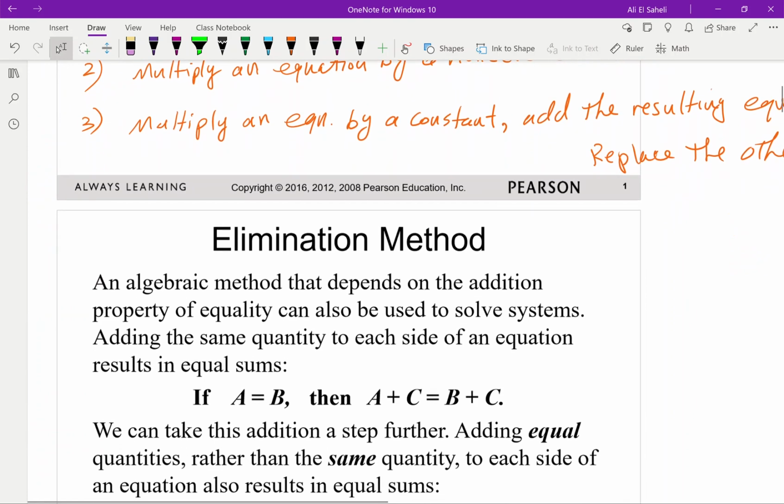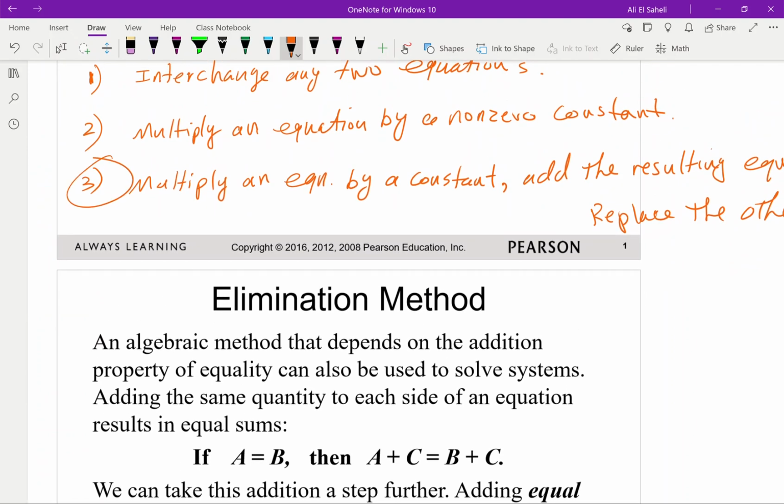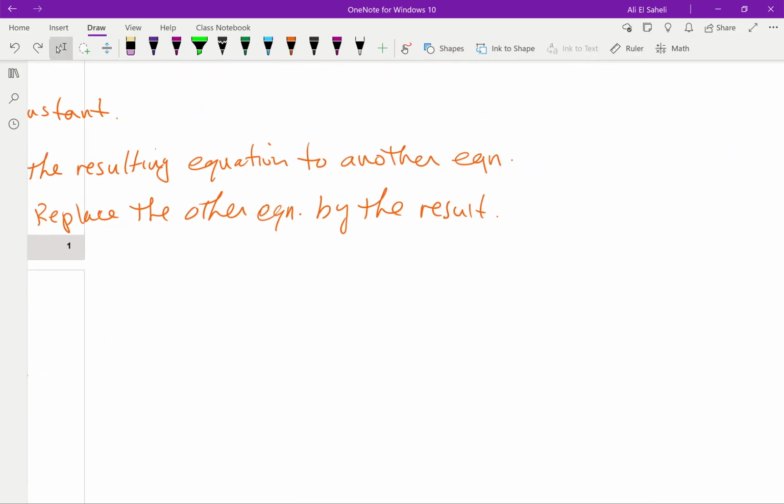So the third operation depends on two steps. Let me explain it over here.